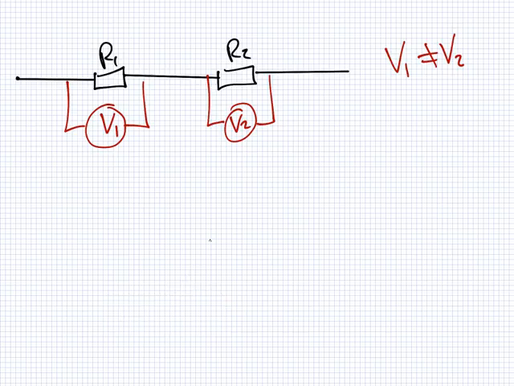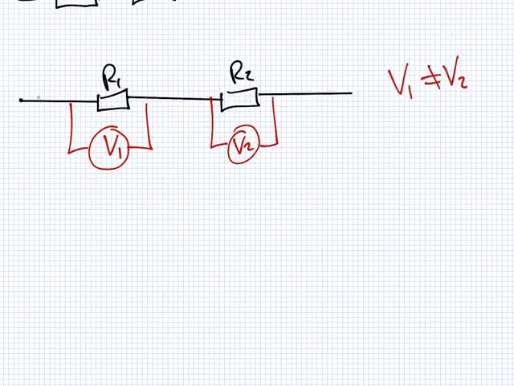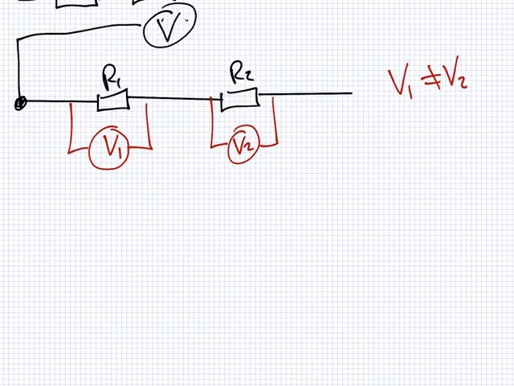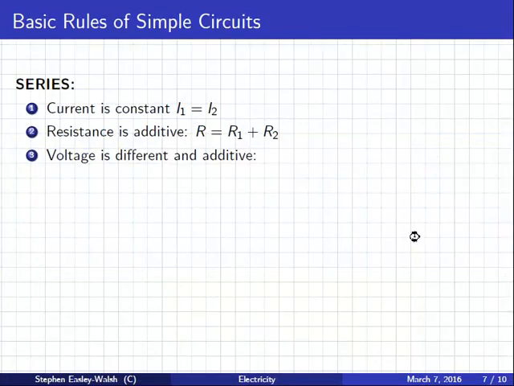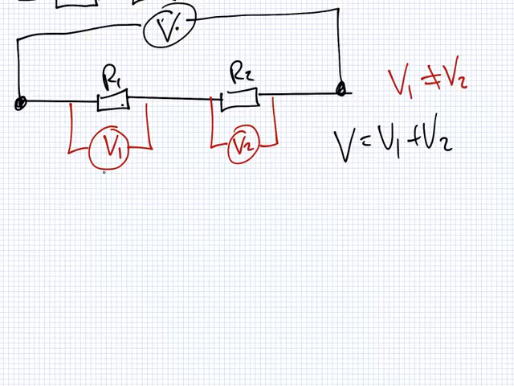If you come along and put a voltmeter around both of them, V, what you'll find is the number that includes both will equal the voltage around one plus the voltage around the other. So the voltage is different and additive. V1 does not equal V2, but the total voltage will be V1 plus V2. So for example, if this said 3 volts and this said 2 volts, then this will have to say 5 volts.